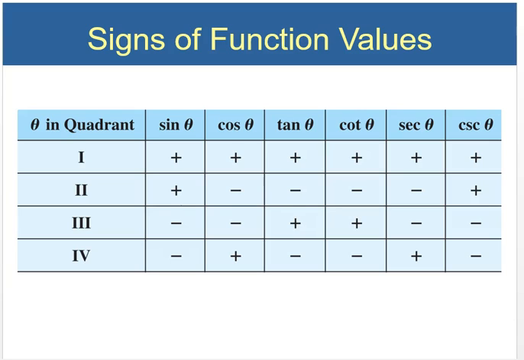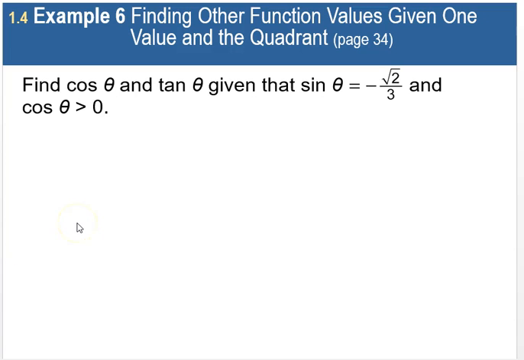Okay, so remember that we are in the fourth quadrant. I'm going to write that down. We are in quadrant 4. And that is going to help us in figuring out the rest of our functions, values, possibly.